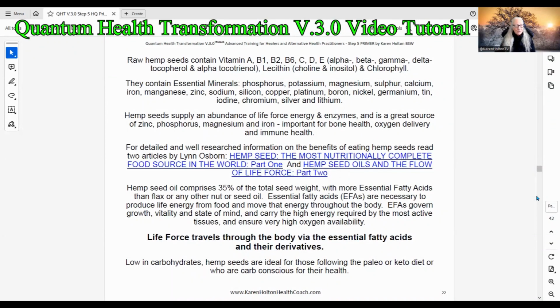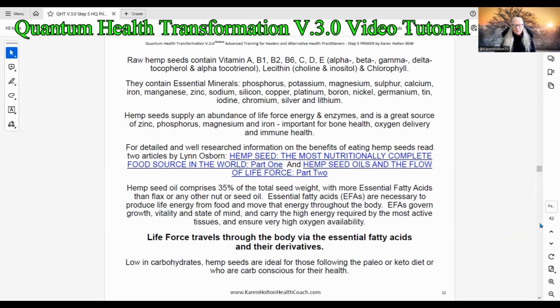EFAs govern growth, vitality, and state of mind, and carry the high energy required by the most active tissues and ensure very high oxygen availability. And this is key: life force travels through the body via the essential fatty acids and their derivatives. So it's really important to get enough of the essential fatty acids that are found in hemp seeds, some other plant foods, and especially in animal fat.